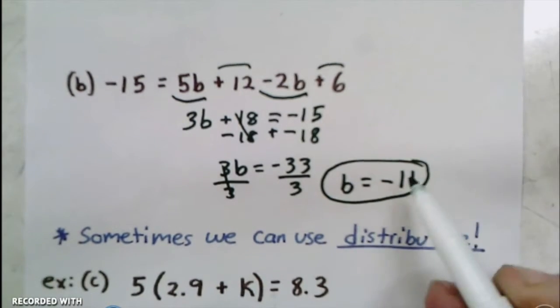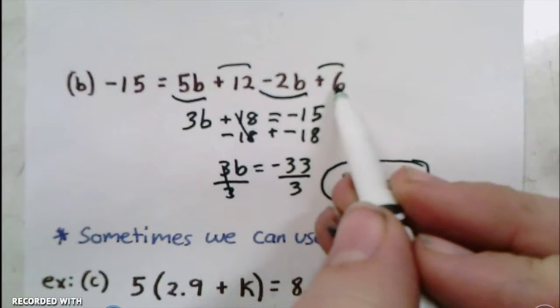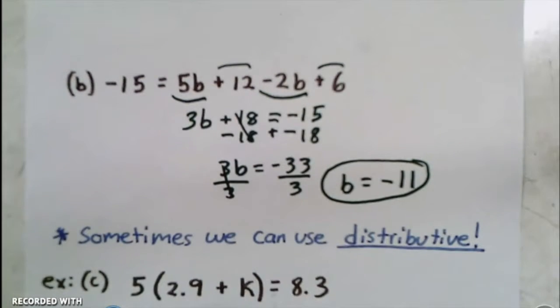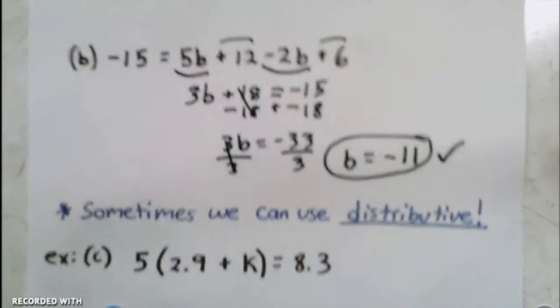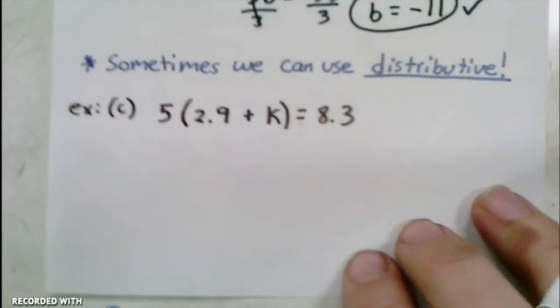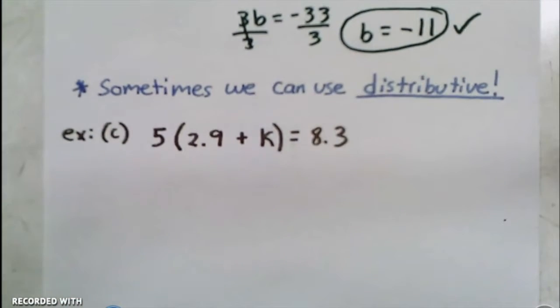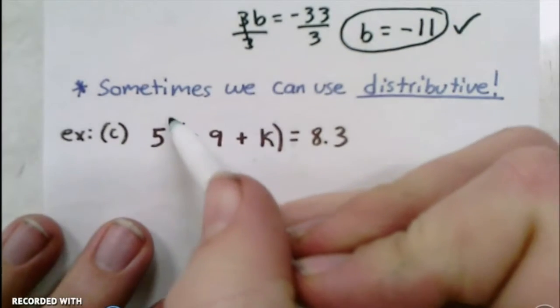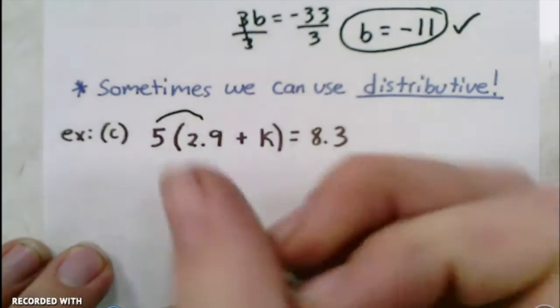I can plug this negative 11 back into this problem and work it out using PEMDAS to make sure that I get negative 15. I urge you to do that. All right, there's another way that we can simplify, and that is to use the distributive property. So remember, the distributive property, first we're going to multiply this term times the 2.9.